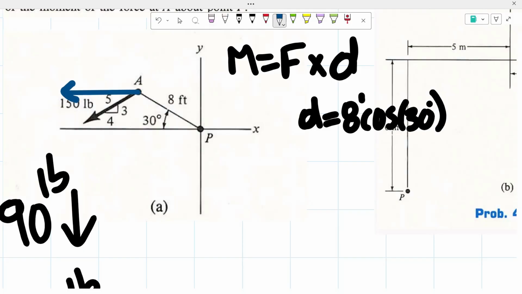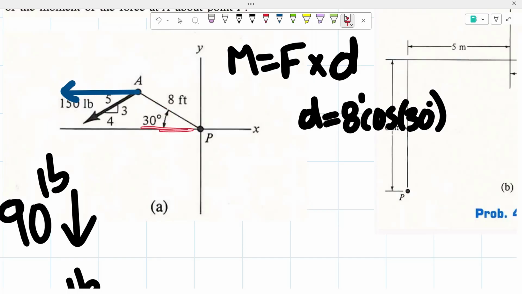And since it's a horizontal force, we know that it has to align with our x-axis. So for this one, instead of our distance being from here to here, our distance now is going to be this right here. So once again, we could use that this side is 8 feet long and that the angle is 30 degrees.